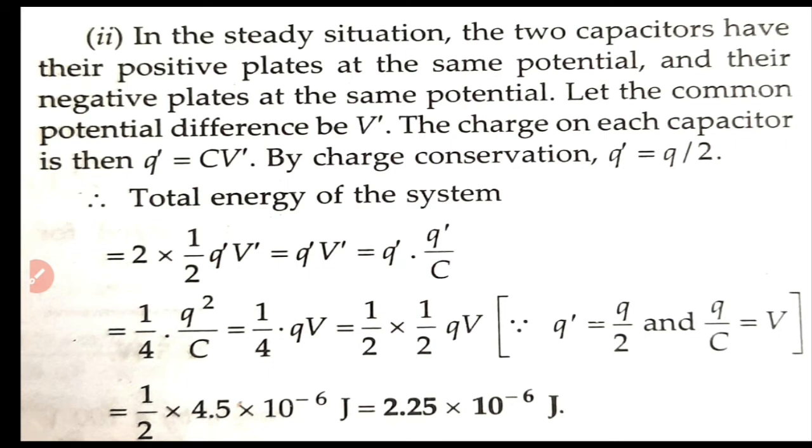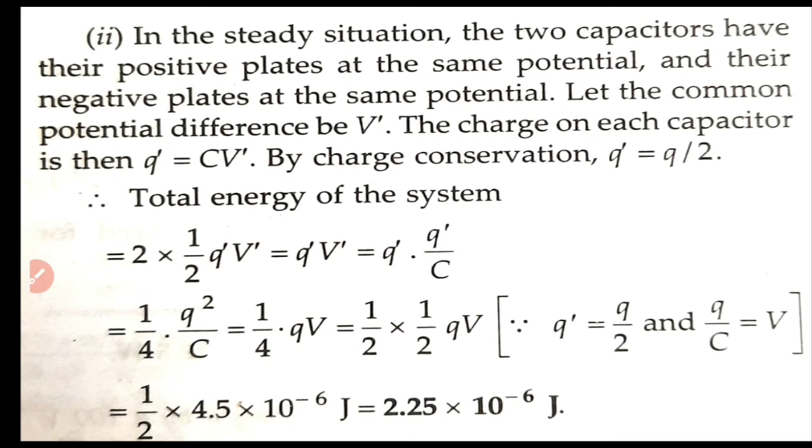So the total energy of the system will be the sum of the energy stored in both the capacitors. So it will be half Q dash V dash into 2, since both are the same. So 2 into half Q dash V dash, that is Q dash V dash.